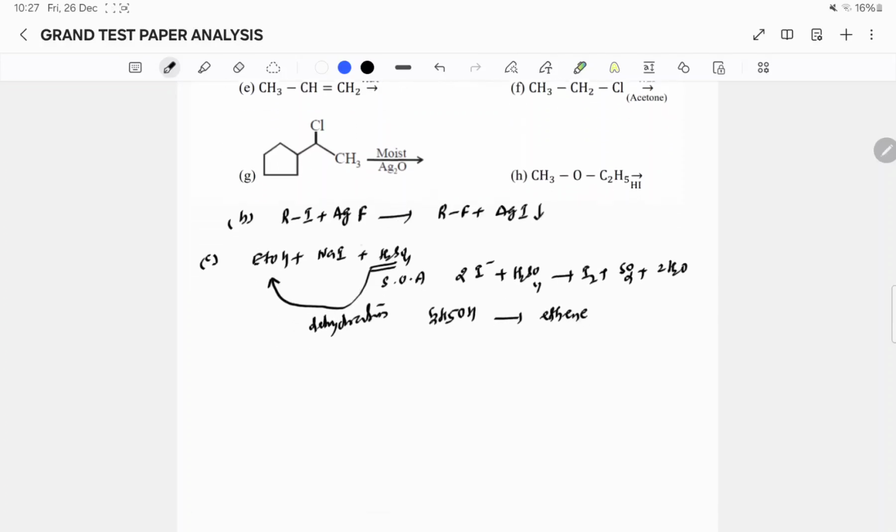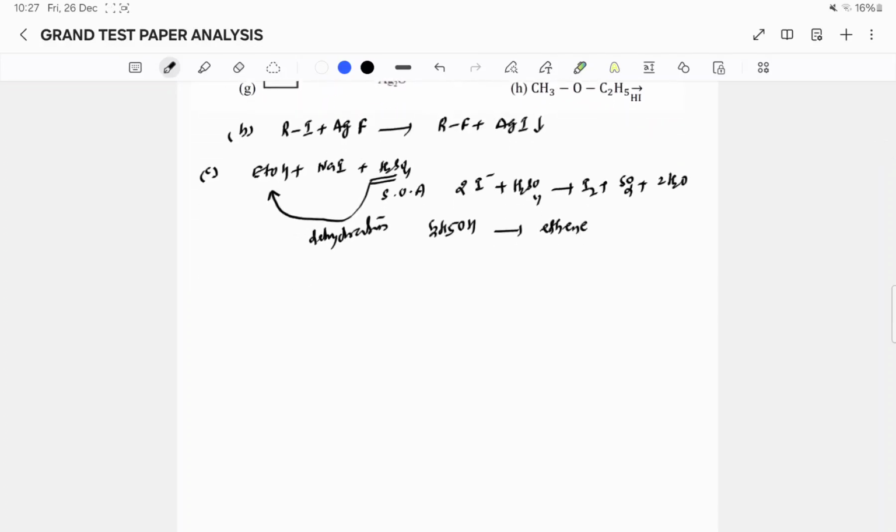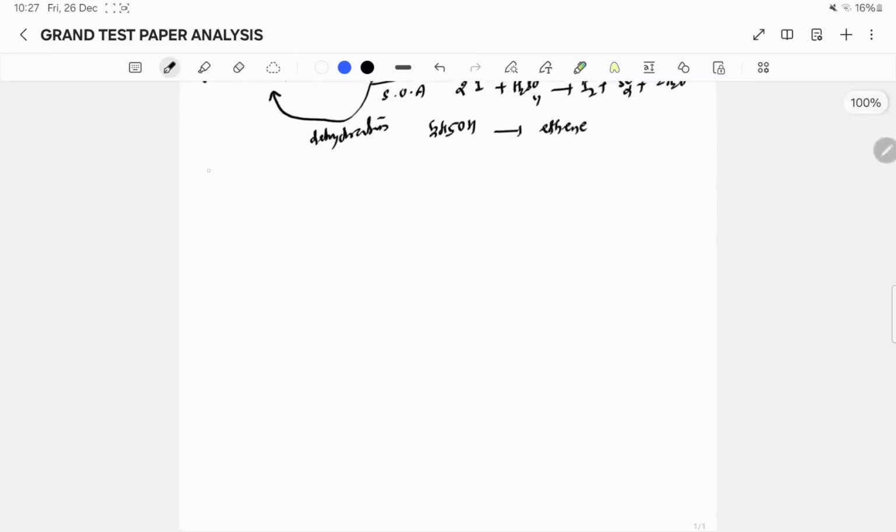Ethyl alcohol reacts with NaI plus phosphoric acid, or orthophosphoric acid.